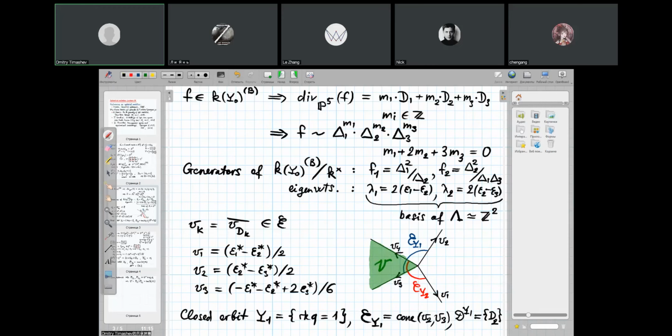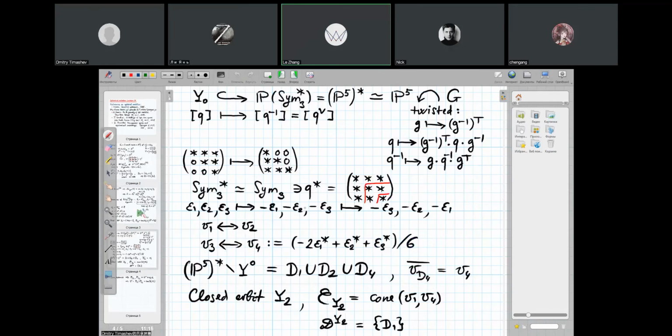So we reverse the order of epsilon I star because the invariant minors are in the reverse order, right? Exactly, because we want to come back to the initial Borel subgroup.